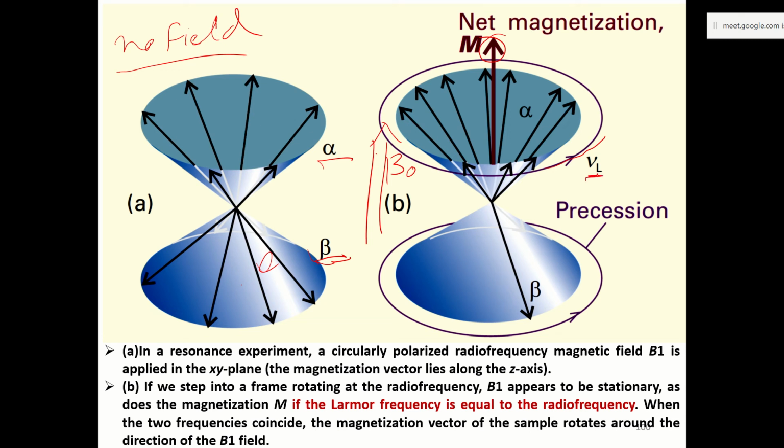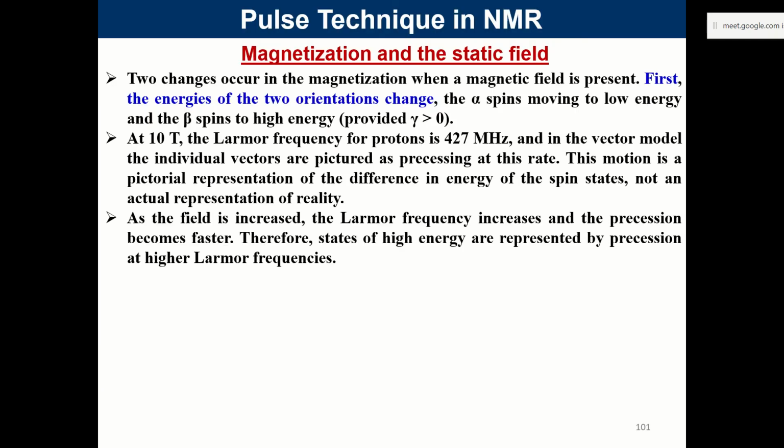So mu L is the Larmor precessional frequency, and we apply a radio wave having frequency mu such that mu is equal to mu L, the Larmor precessional frequency. Then the situation becomes very interesting.